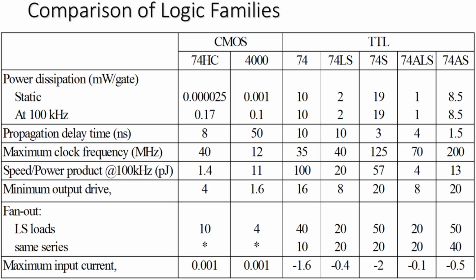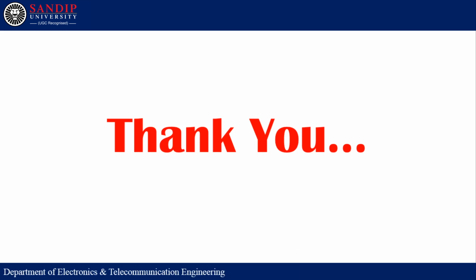Each series has different values of the parameters or characteristics which decide their performance, and these are listed here for your reference. So in this way we have seen the detailed parameters and the structure used for the performance of TTL logic families.